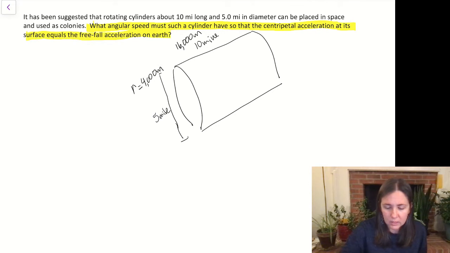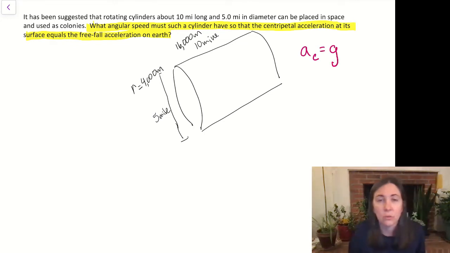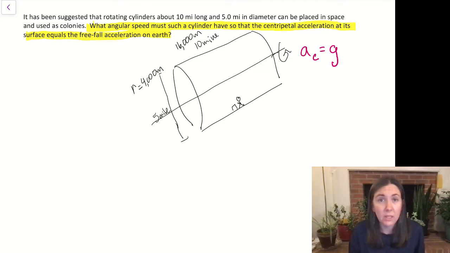So the first thing I think is I want my centripetal acceleration to be equal to the gravitational field strength, g. Now, you would have people that would live on the surface, cooking their dinners or sitting at their desks. The forces this person feels as the cylinder rotates in a circle: there's no gravity because it's out in space.